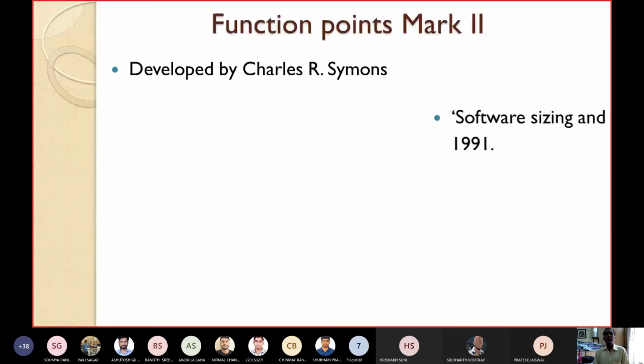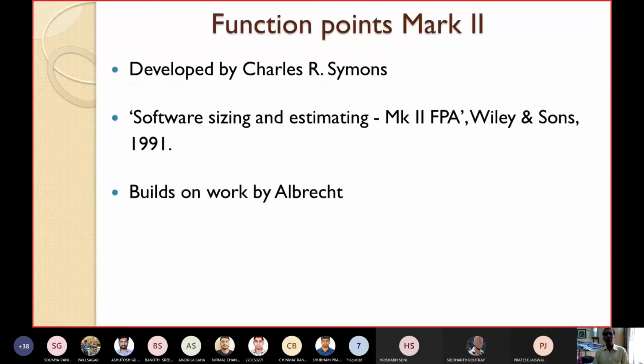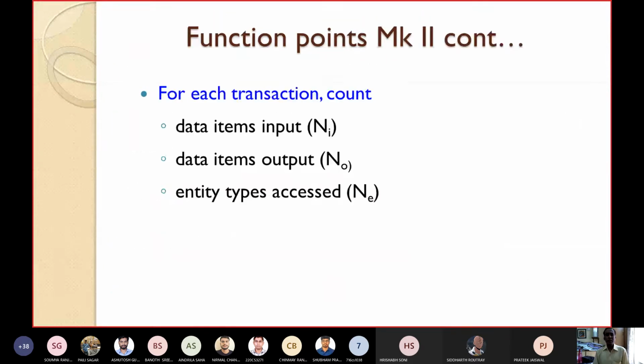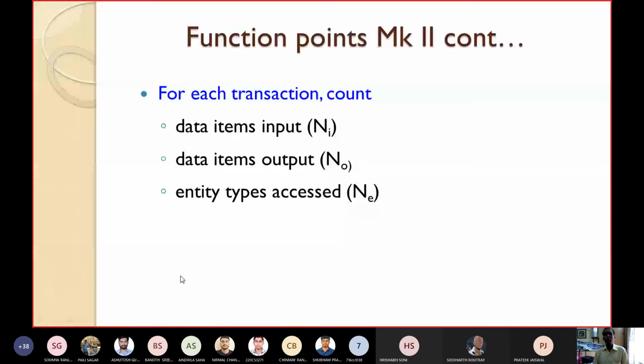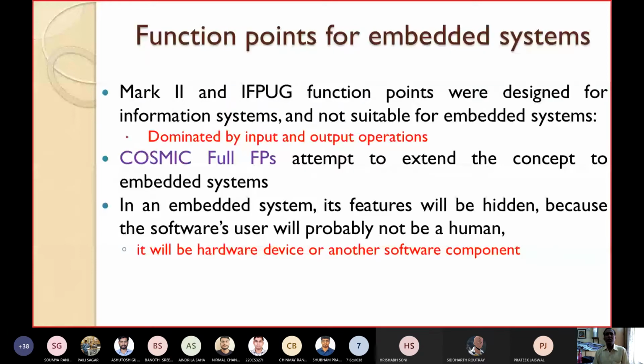Here also in Mark II function points you see that it is dominated by input and output operations.